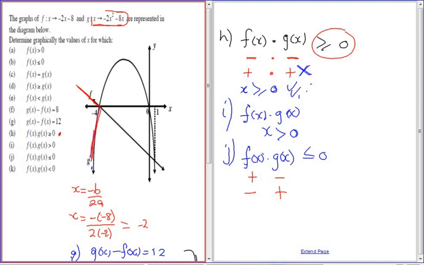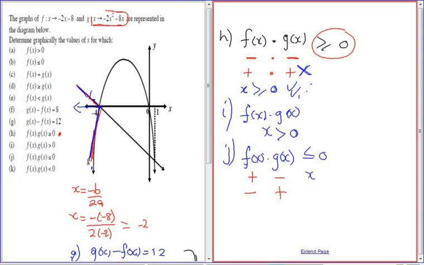For these x values, from -4 going to the left, f(x) is positive while g(x) is below the x-axis, which means it's negative. So we got our solution for this. It's to the left of -4, it means x is smaller than or equal to -4.